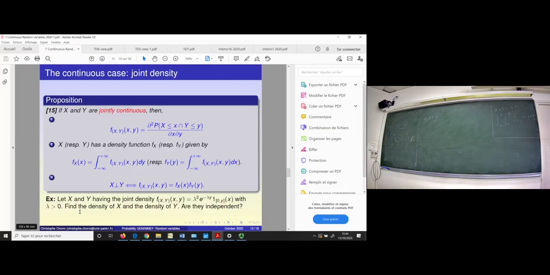You want to integrate someone here? I want to integrate the mass function. Which mass function? The joint mass function. Okay, so in fact, what you want to use is the result I want to show.